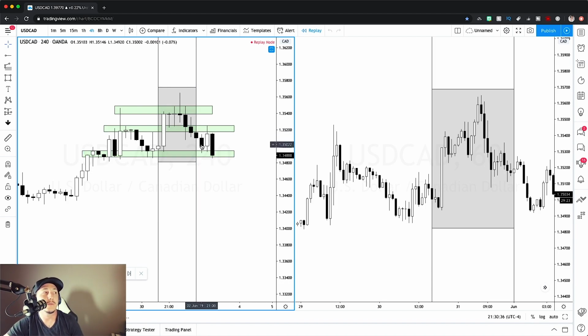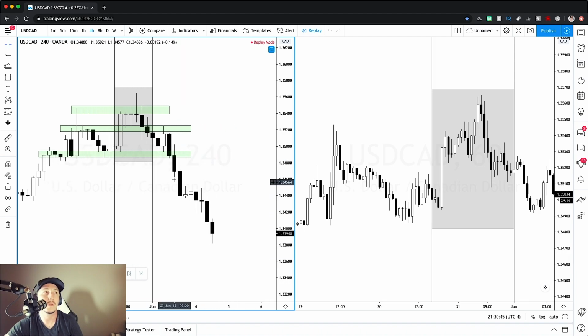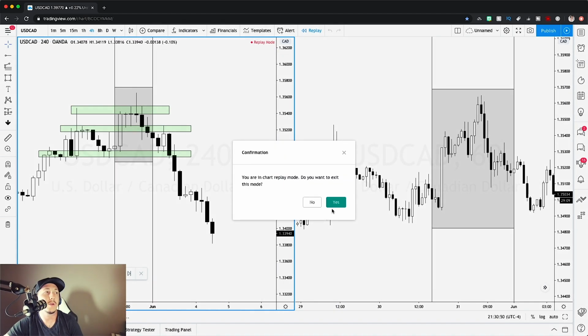But yeah, as you can see, drawing our zones, it did play into it, and then it continued for a nice rally. All right, so let's see what we can do on a 1-hour chart.